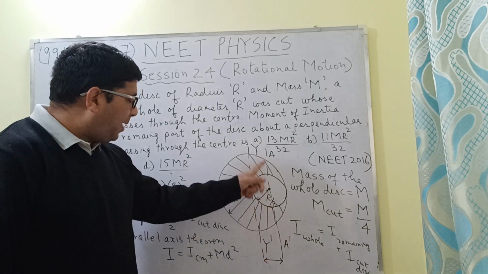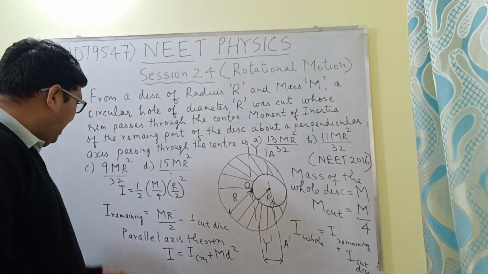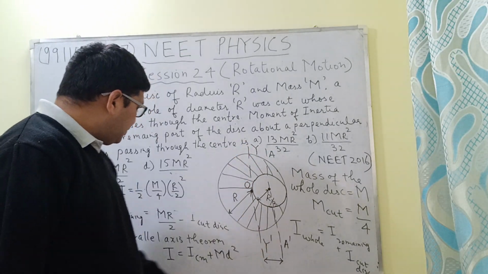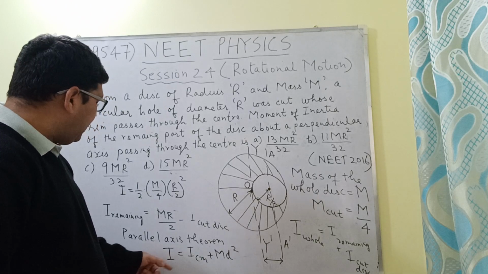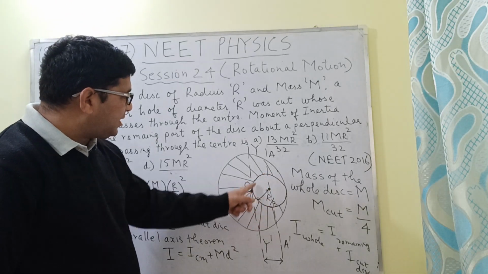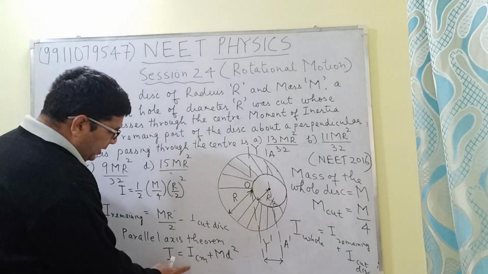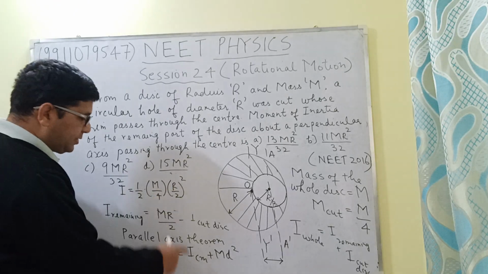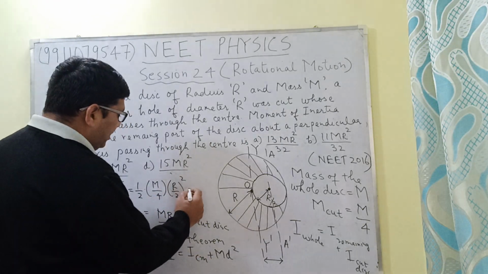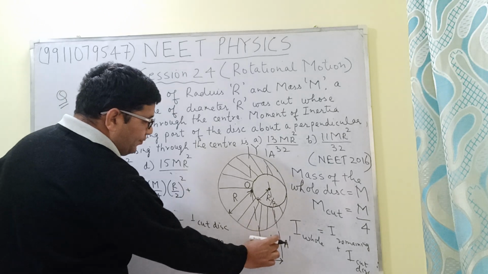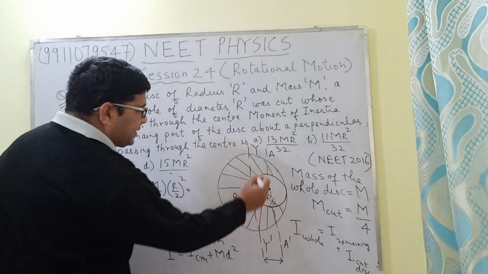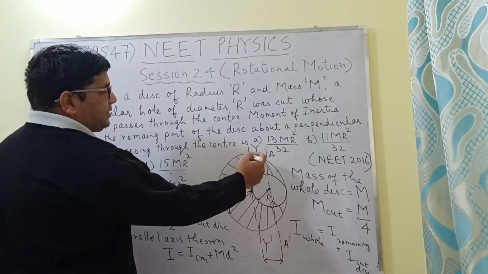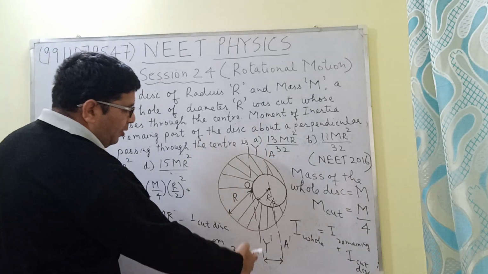So this is the moment of inertia of this disk about an axis passing through the center of mass, and we have to find the moment of inertia about the y dash axis. So the moment of inertia of this circular disk will be equal to ICM, which is half into m by 4 into r by 2 whole square, plus md square, where m is the mass of this circular disc, and d is the distance between the axis passing through the center of mass and the axis about which we have to find the moment of inertia.